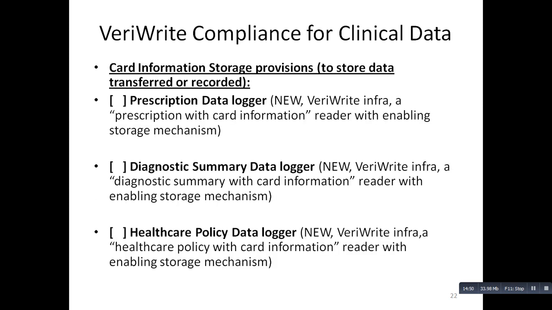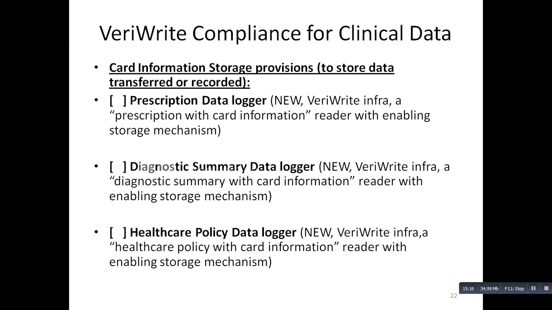When it comes to card information transfer, instead of relying on any other solution in the market, we would like to integrate all this into a VeriWrite dashboard service, VeriWrite dashboard infrastructure. And we would like to use the at sign. We would like to use WhatsApp because looking outside the VeriWrite infra, we have certain other possibilities which we would definitely like to leverage.